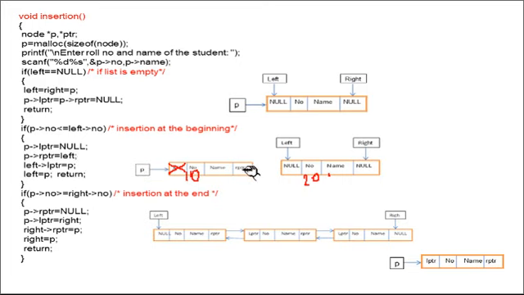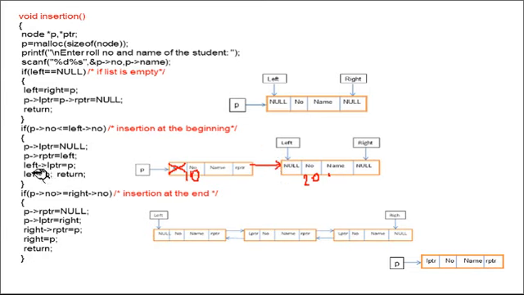If you place this address into this one, this left is pointing to the second node. Now this RPTR is pointing to the second node. So like this, this new link will be created.